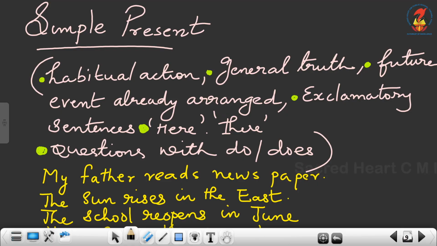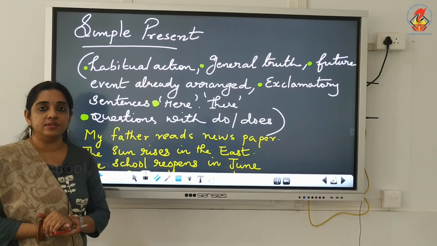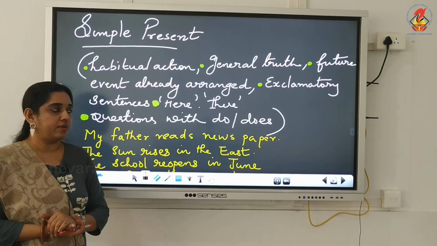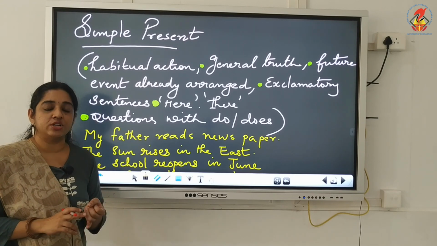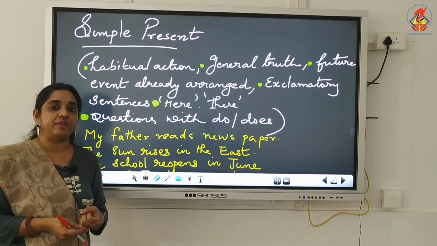Simple present is used to express habitual action, universal truth, future events that are already arranged, exclamatory sentences beginning with here and there, and questions with do and does. All these come under simple present tense. Which are they? Habitual action means something that you do every day.